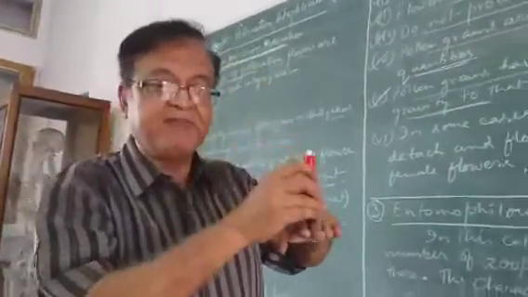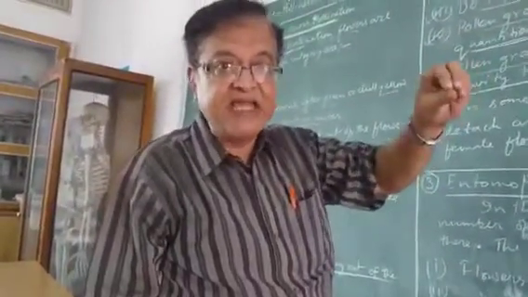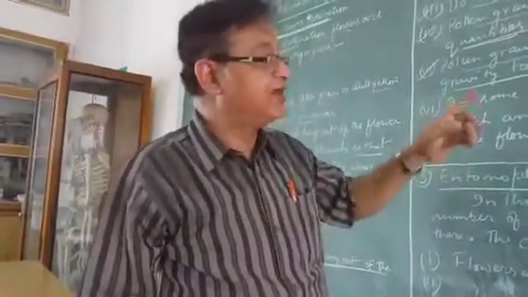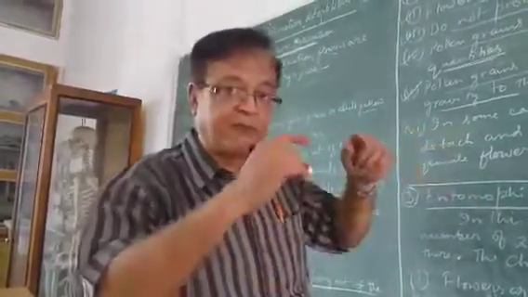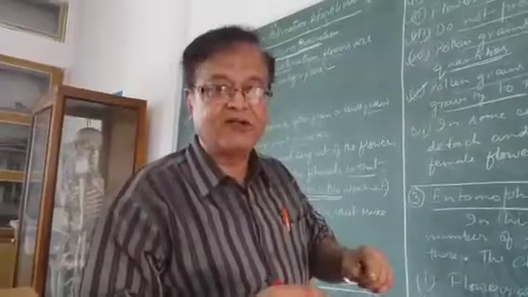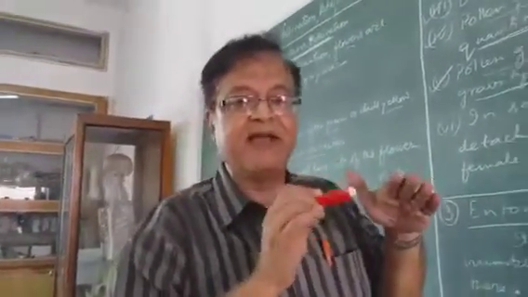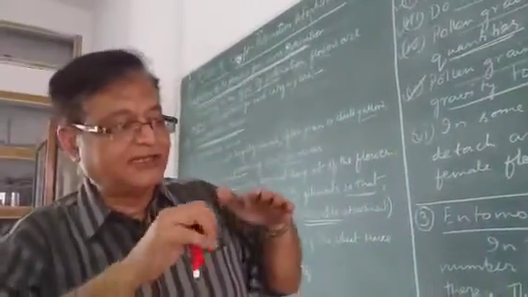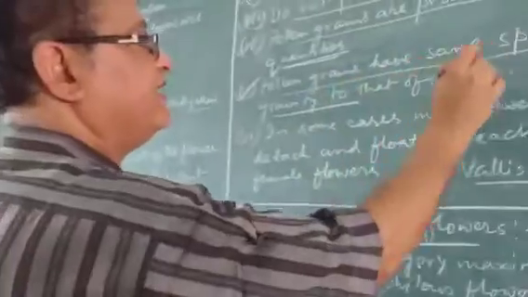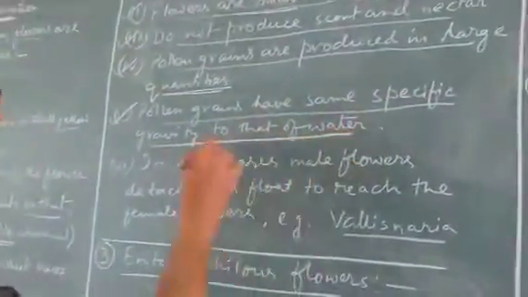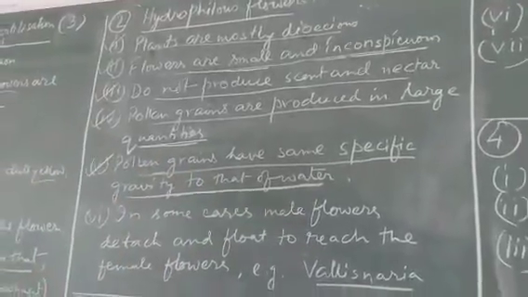And if it is above the surface of water, birds and other insects may eat them up. And if the specific gravity is more than water, then what would happen? The pollen grains may sink in water. They will not be available for pollination. So that's why it is exactly the same as water, so that they just float below the surface of water. So specific gravity of water and specific gravity of pollen grains are the same.